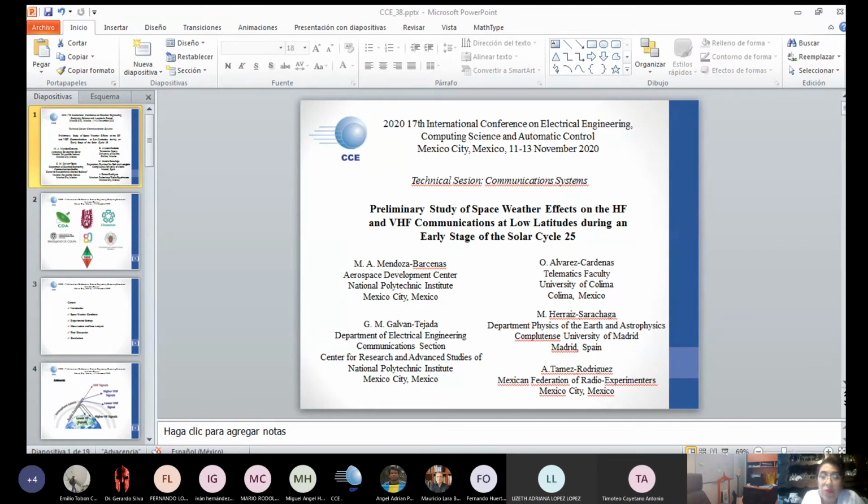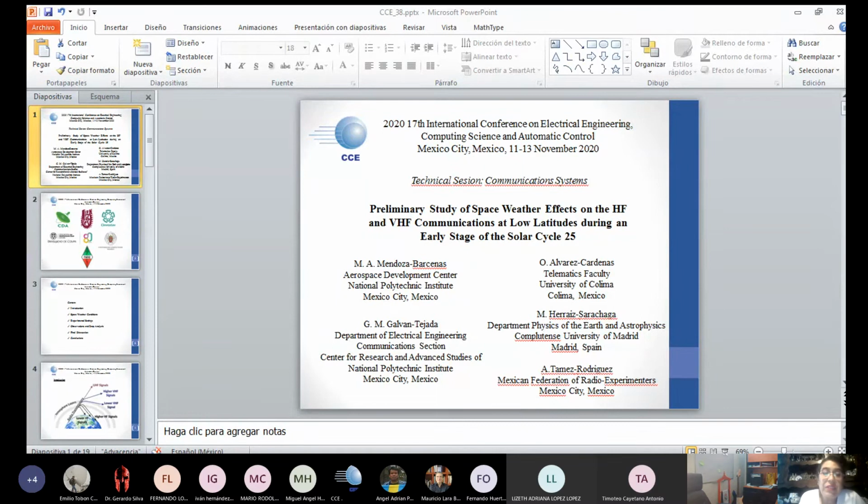We are 5 authors of different institutions, as you can see. First of all, we have the Aerospace Development Center of the National Polytechnic Institute, here from CINVESTAV, Center for Research and Advanced Studies of the National Polytechnic Institute, the University of Colima, the Complutense University of Madrid, and the Mexican Federation of Radio Experimenters.